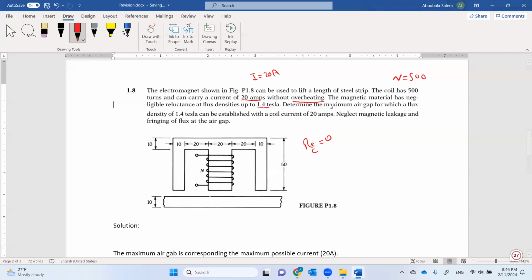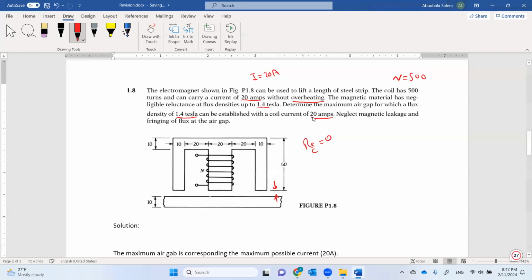Then he said determine the maximum air gap. So the question is what is the maximum air gap here that can be allowed for this magnet? For which condition? Determine the maximum air gap for which a flux density of 1.4 Tesla can be established with a coil current of 20 ampere.